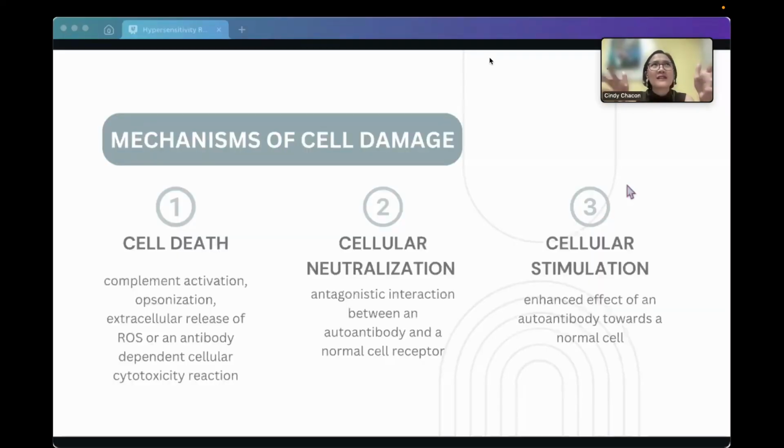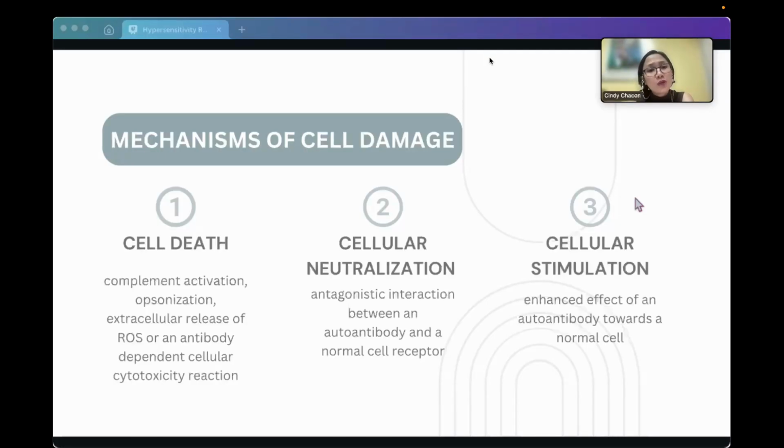All of these mechanisms that cause cell death occur. This includes your complement activation, opsonization, extracellular release of reactive oxygen species or ROS, or an antibody-dependent cellular cytotoxicity reaction.